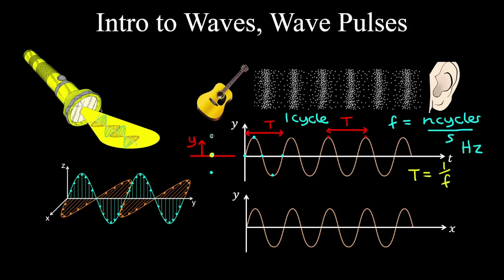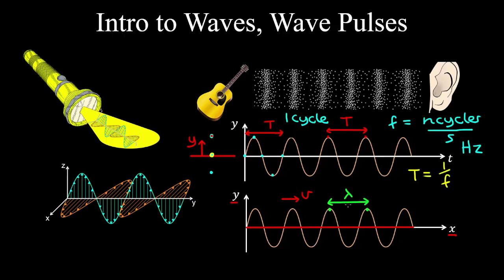Now the wavelength, on the other hand, is obtained if we plot the displacement of the particles in the string versus the position along the string at a particular time. So for example, this here is our string, and as the disturbance moves through the string at some velocity, the particles are going to oscillate in this manner. And in this case, the distance between two particles that are displaced by the same amount is called the wavelength.